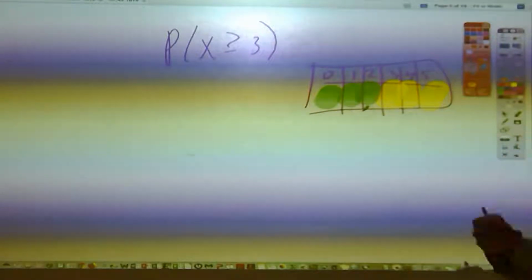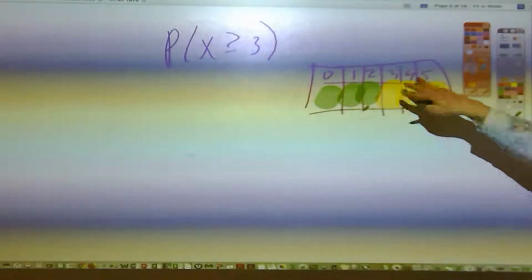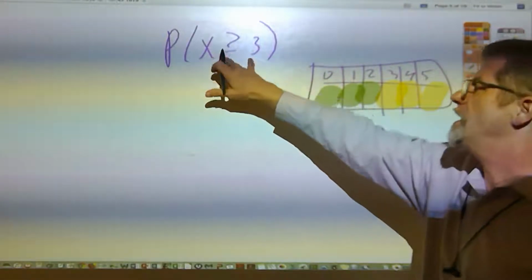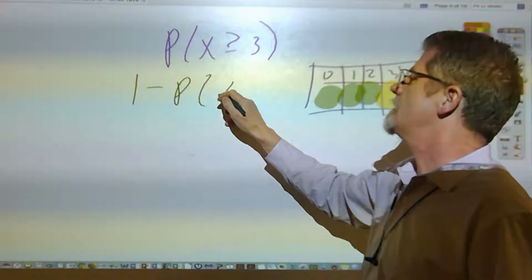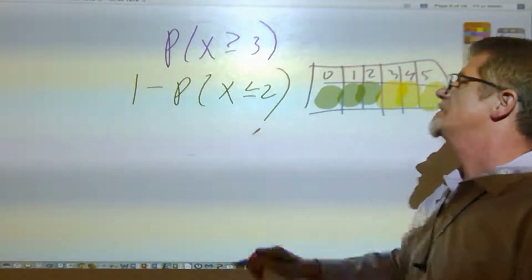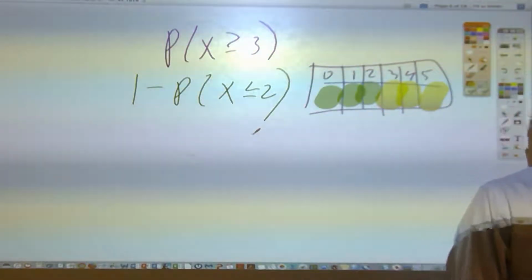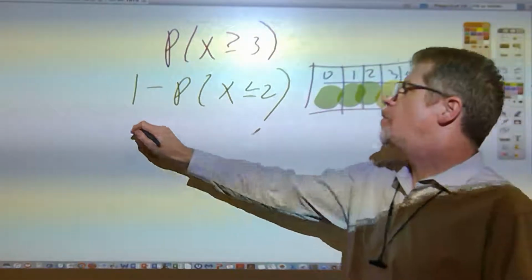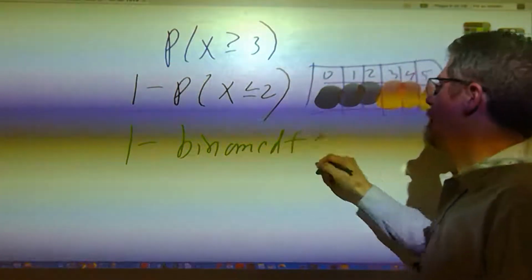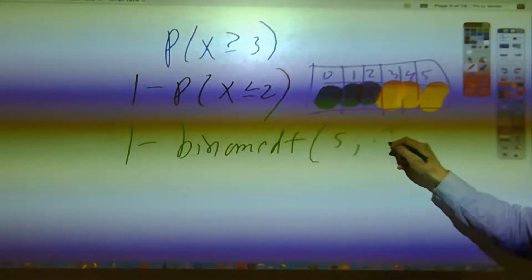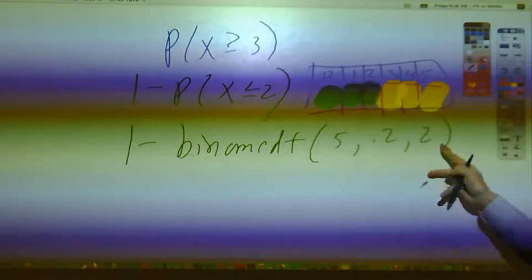If you want 3 yellows, take 1 minus 3 greens. That's what's going on in your mind. What's going on paper is you take this and you write 1 minus the probability of x is less than or equal to 2. Okay? So that's 1 minus binomcdf of n, p, 2.